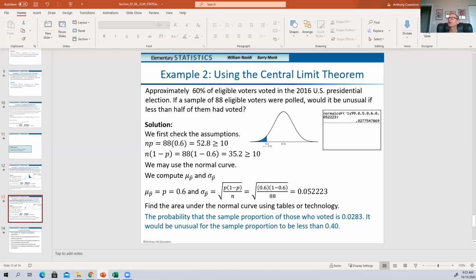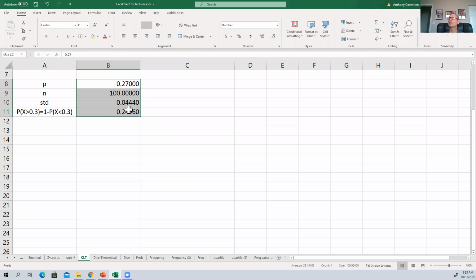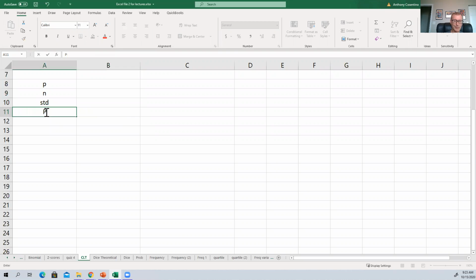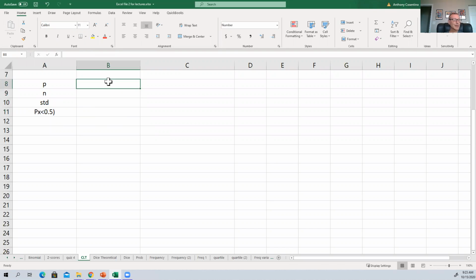So let's do that again on the spreadsheet. And this would be the probability of X being less than 0.5. And so here we have 0.6. Here we have 88.